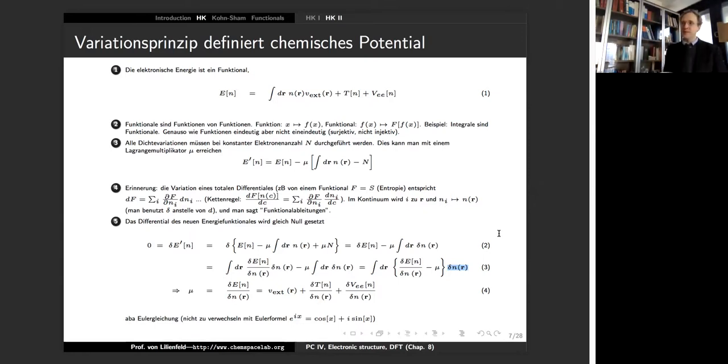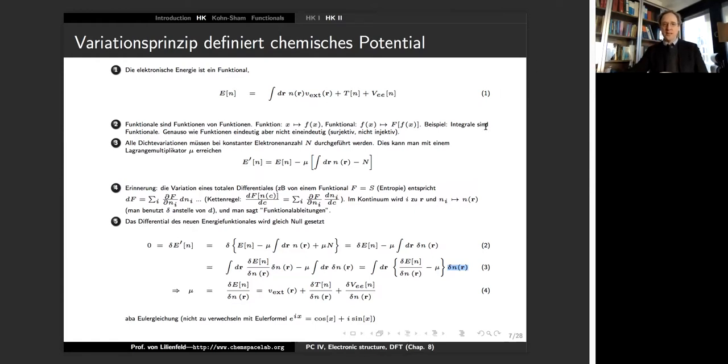We are not going to do this. There's a mathematical proof, and this is part of variational theory, but you'd have to believe me. And if this bracket is zero, this of course means that your mu, this chemical potential or this Lagrange multiplier, is the functional derivative of the energy with respect to electron density.